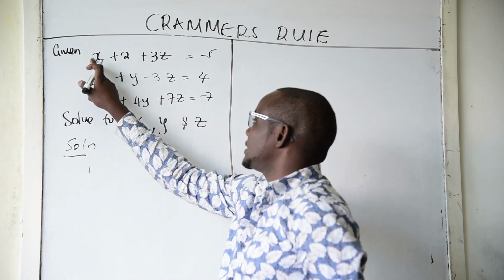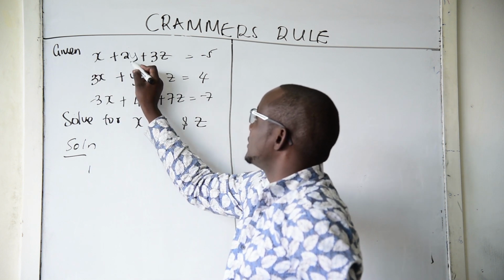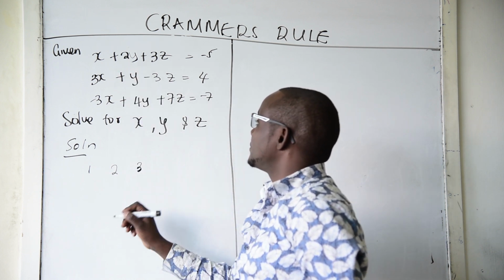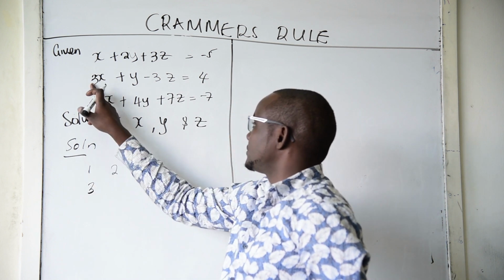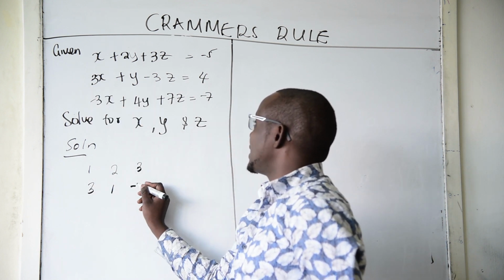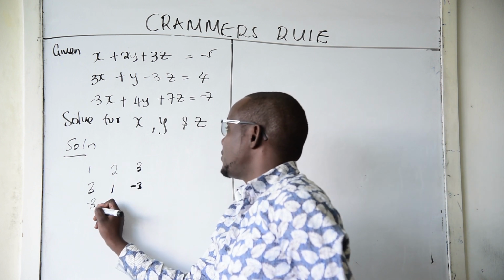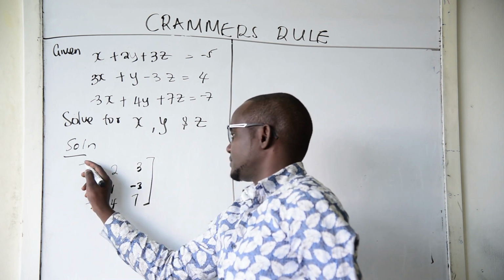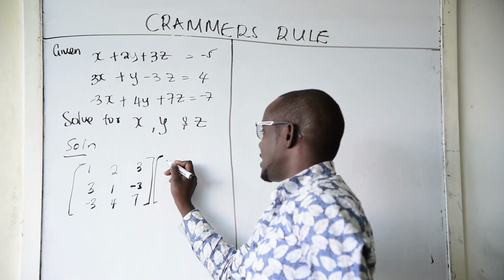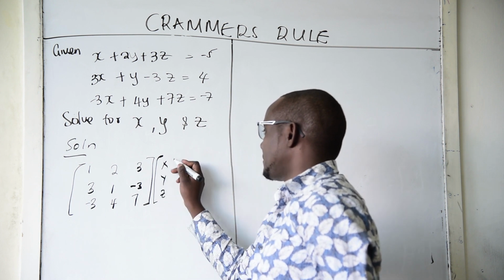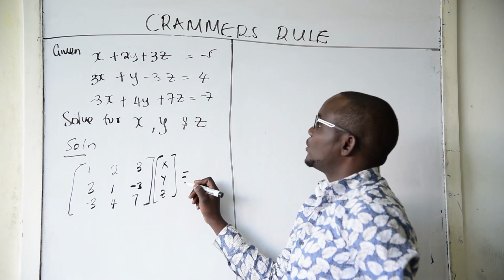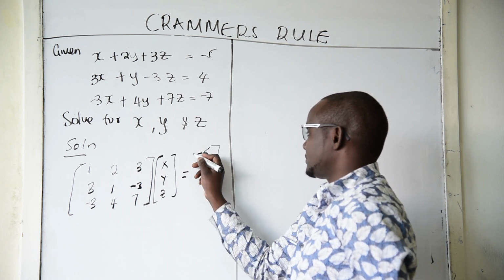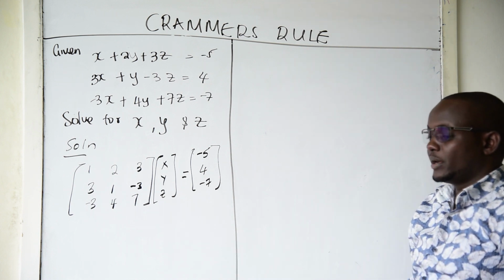So we have 1, 2, 3 extracted from here, then 3, 1, negative 3, then negative 3, 4, and 7. That is our matrix. The 3 unknowns are x, y, and z. We say this equals negative 5, 4, and negative 7.